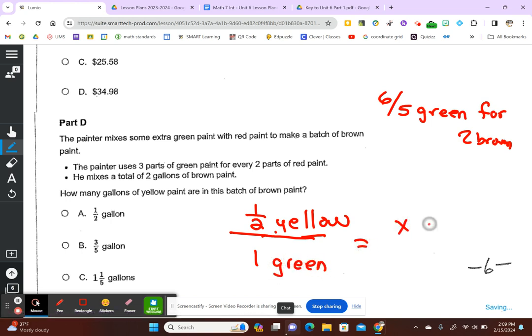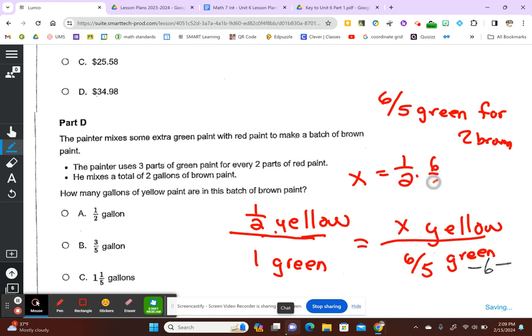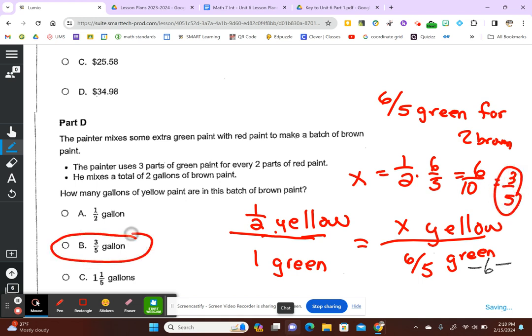And so how many yellow for 6/5 green? And that means X equals 1/2 times 6/5, which is 6/10, which is 3/5. So the answer is B, 3/5 of a gallon. So these are pretty challenging problems. So go back, look at them again, and see if you can do them.